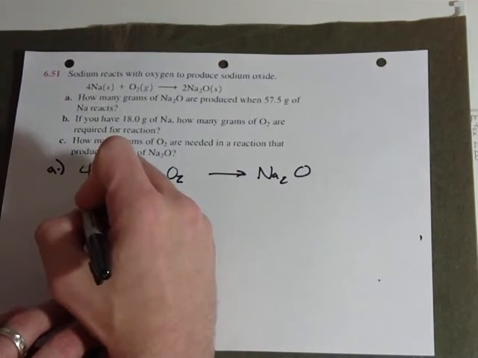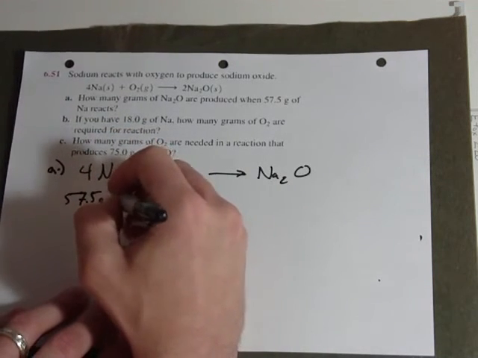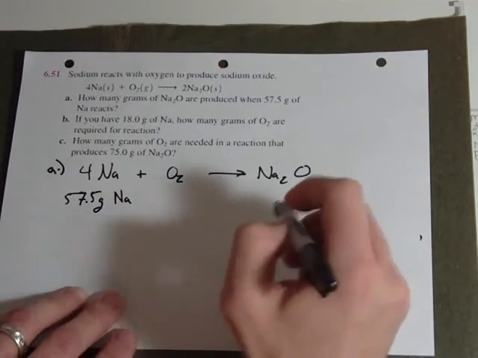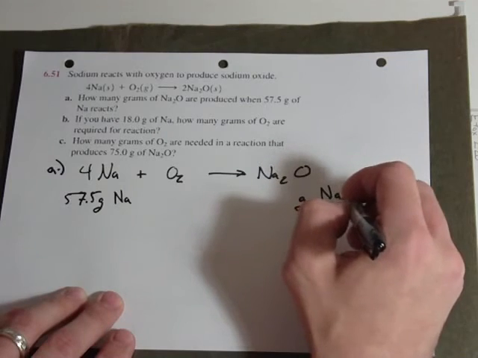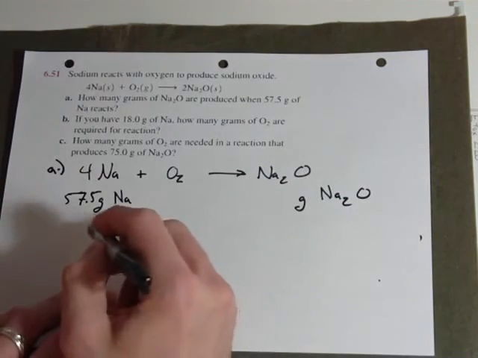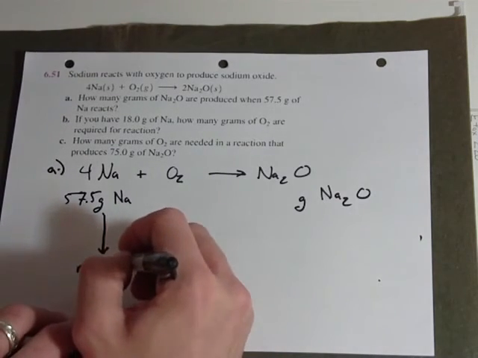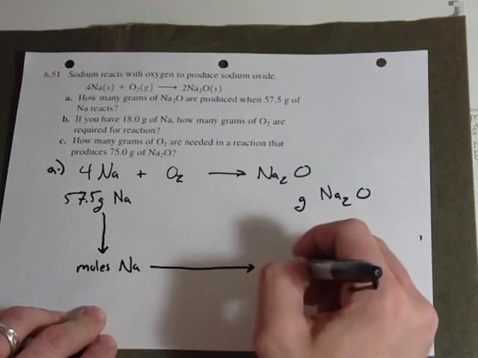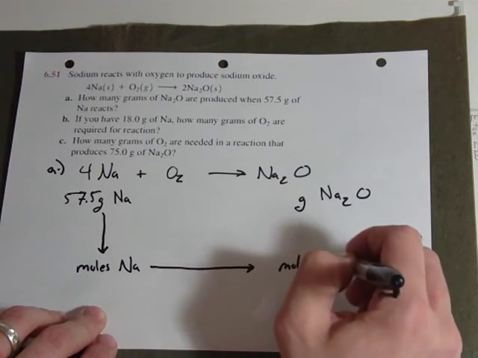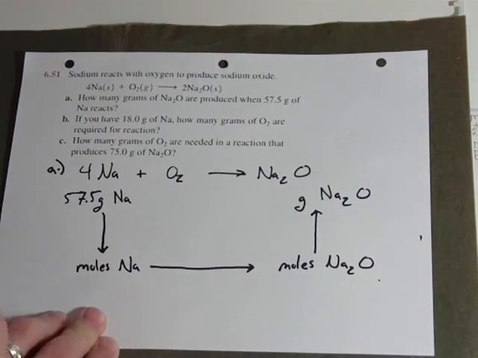We're given the grams of sodium. We need to get the grams of Na2O, sodium oxide. So we first need to figure out how many moles of Na. Then we can get how many moles of Na2O, sodium oxide. Then we can go back up to grams of sodium oxide.